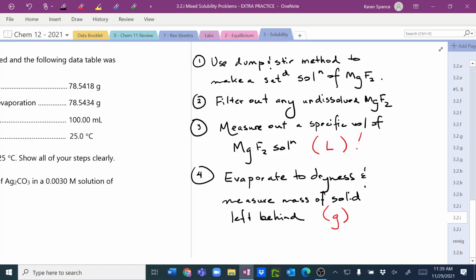Now, it's a little more complicated than that, because when you go to evaporate it, it's not like you can just put it on the scale and let it evaporate. You're going to want to heat it. And in order to heat it, you'll need a container, yes? So let's say you have it in a beaker. Once it is heated and the salt is left behind, the salt will all be crusted on the sides of the beaker.